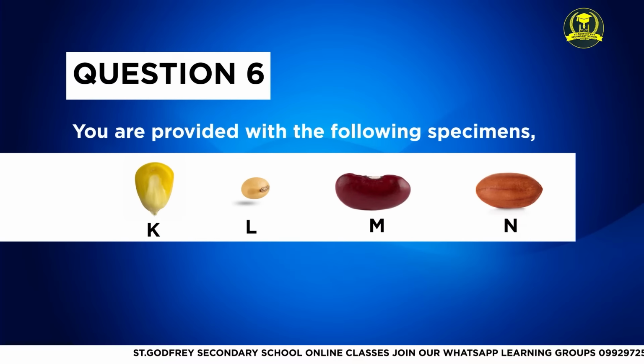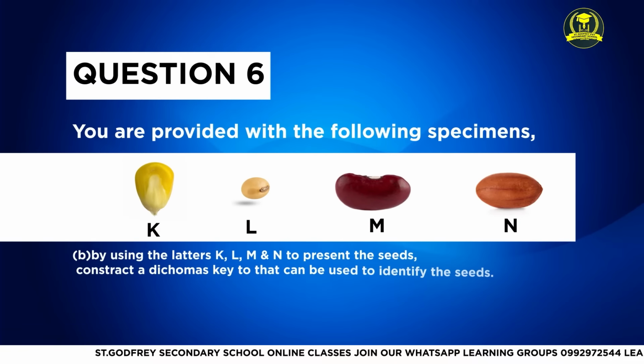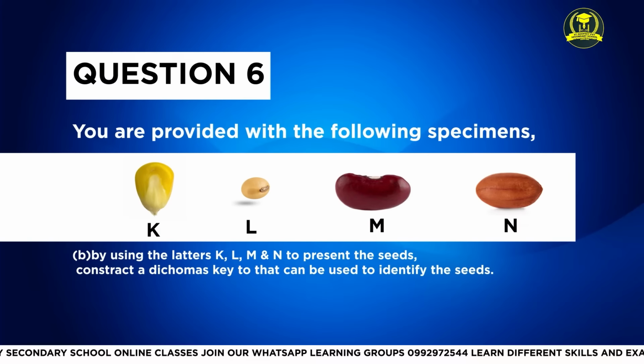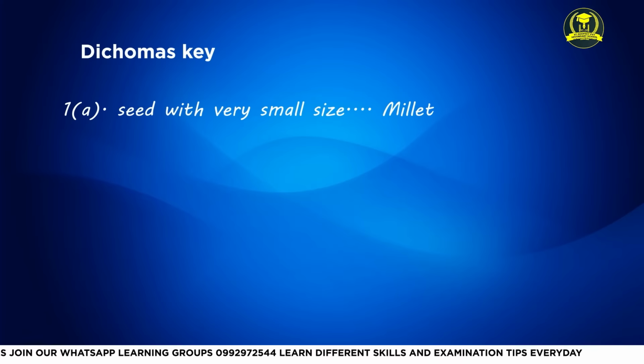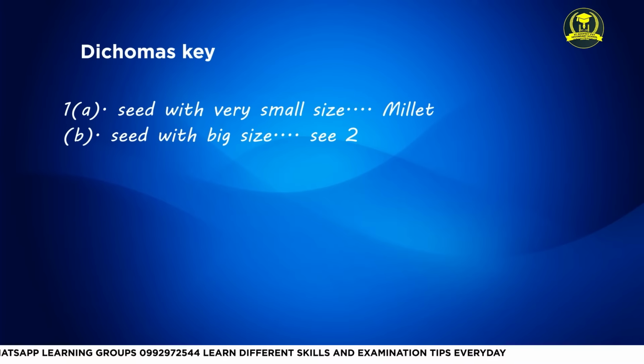Question B. By using the letters K, L, M, and N to represent the seeds, construct a simple dichotomous key that can be used to identify the seeds. Number 1A. Seed with very small size. Millet. B. Seed with big size.